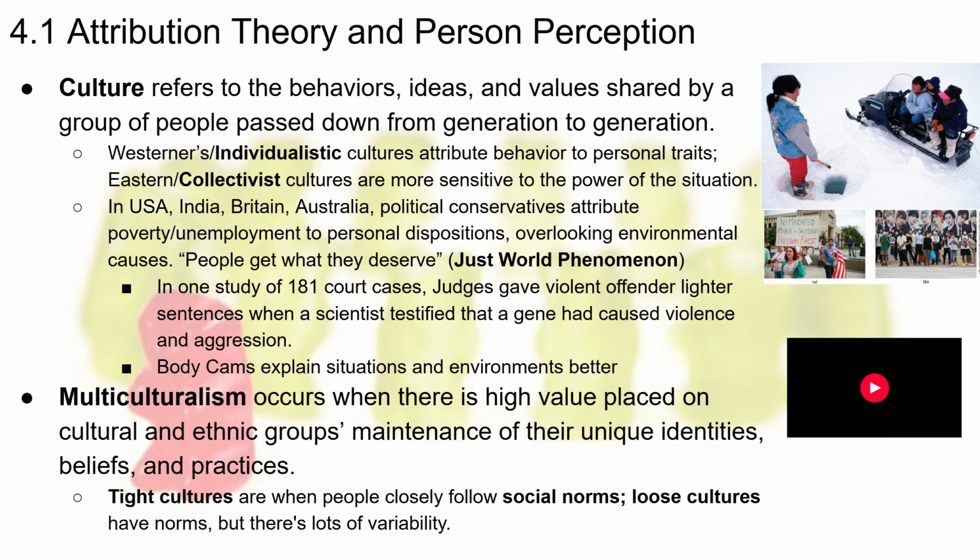So you see again these examples of people getting what they deserve, even though there's really not a lot of evidence for that. In the world and the media around us, this is becoming more and more popular as people get further and further away from evidence and scientific belief.